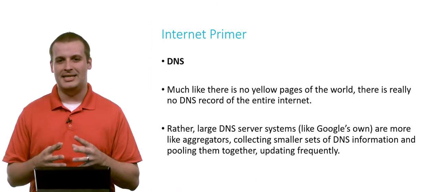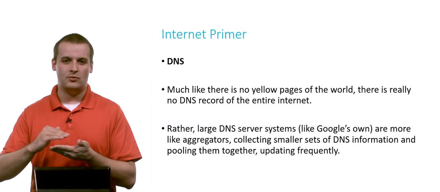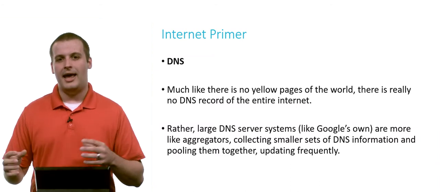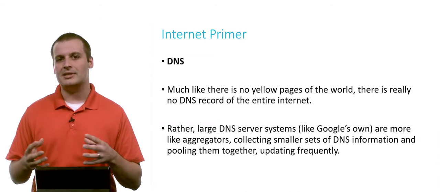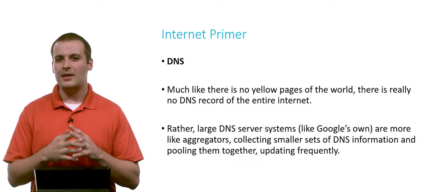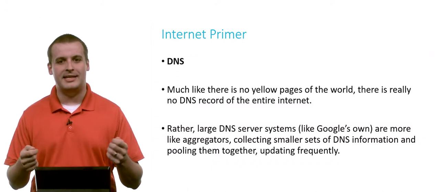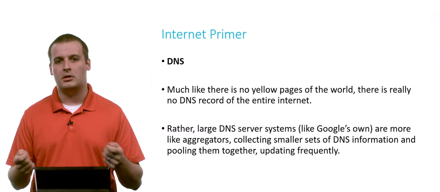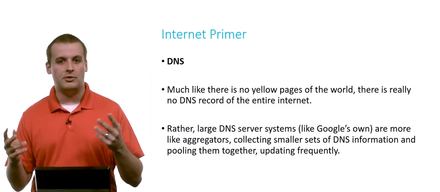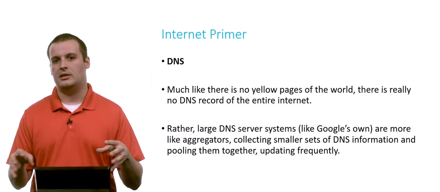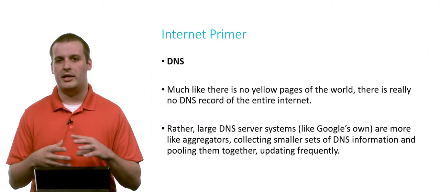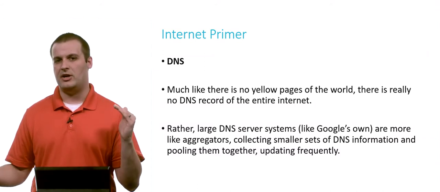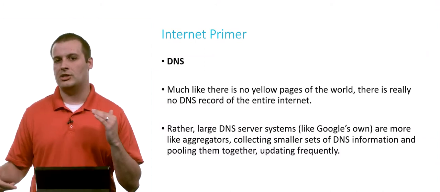And that's actually what DNS is. If you think about it, DNS is really the local yellow pages. And large DNS servers like google.com's, they're actually just more like libraries that have a copy of all of the local yellow pages or all of the local DNS records. So there's really no one repository of the full DNS of the internet, just like there's no one yellow pages of the world.